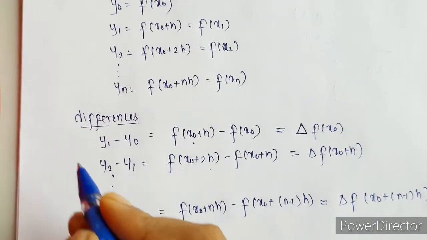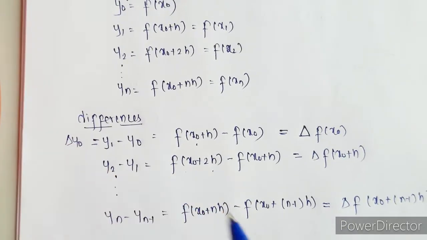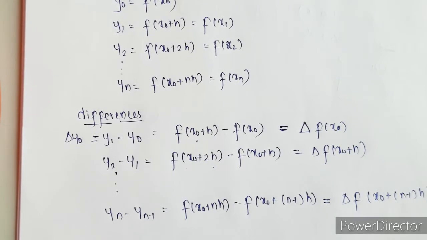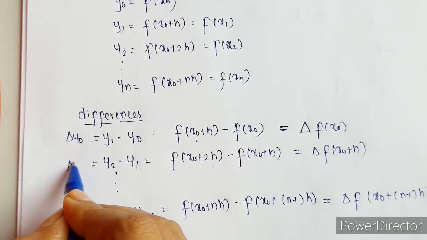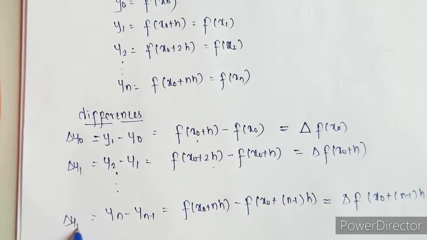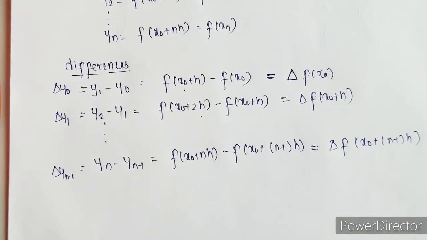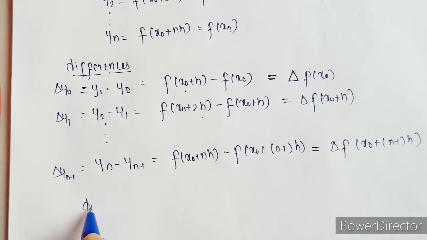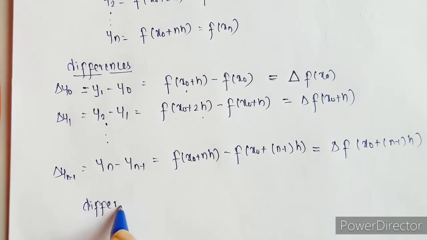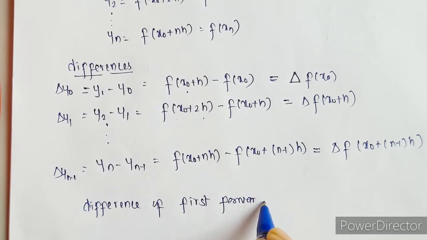And the same thing, suppose we want to write in terms of y, we can write this as delta of y naught. This is delta of y1 because it is forward difference. Then next will be delta of y2. And this is delta of y(n minus 1). Now what if we want to take difference of first forward difference?